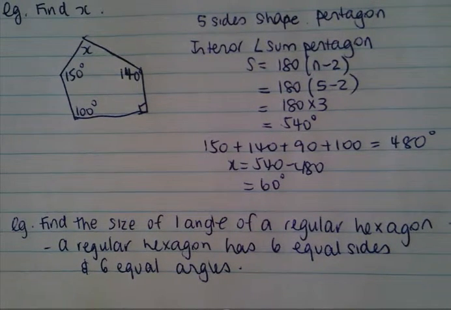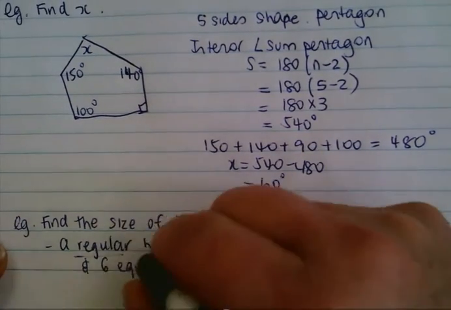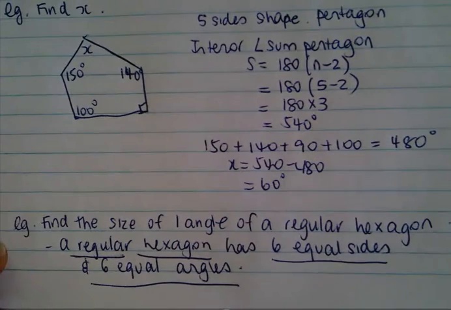A regular quadrilateral, the one with 4 equal sides and 4 equal angles, is a square. Not a rectangle, because it doesn't have 4 equal sides. So a regular shape has all equal sides and all equal angles. A regular hexagon has 6 equal sides and 6 equal angles.